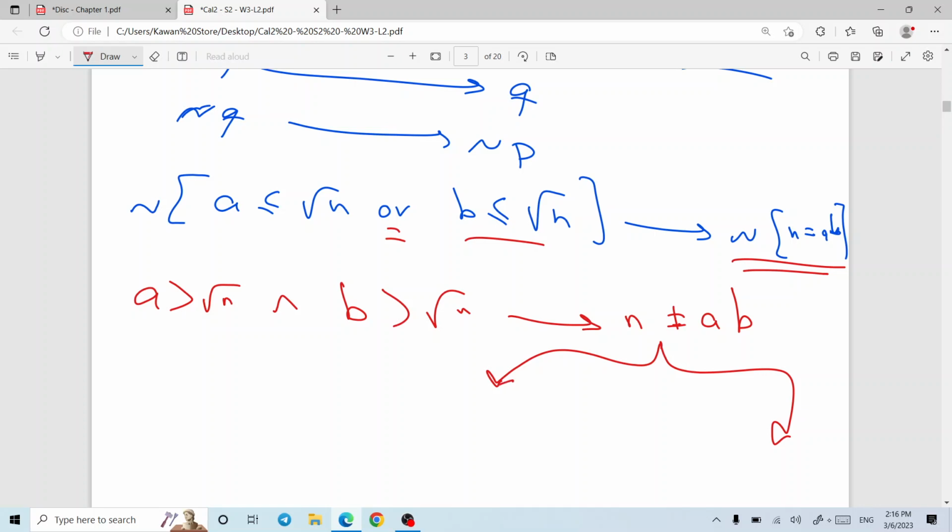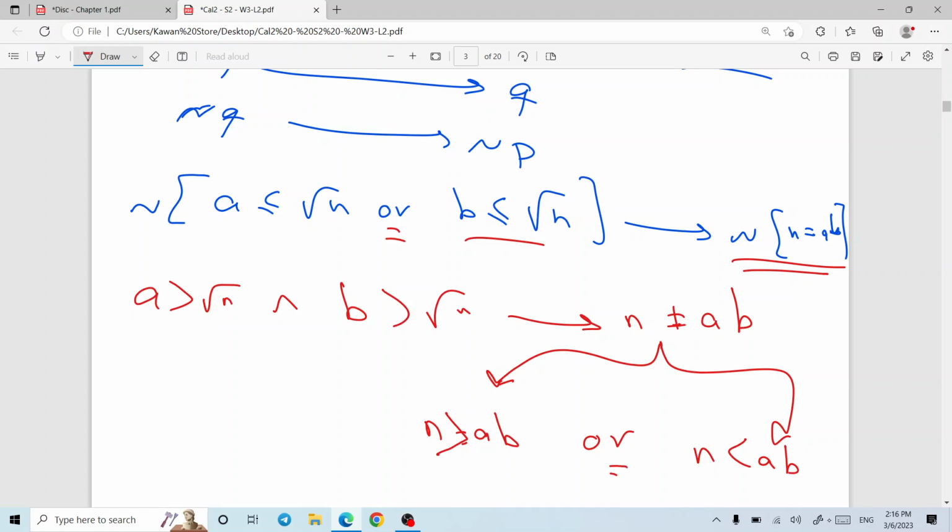Not equal to AB means what? Or? Am I right? That one is not equal to that one. Maybe greater, maybe smaller. Understood, dears? So when you say not equal, maybe that one or that one.